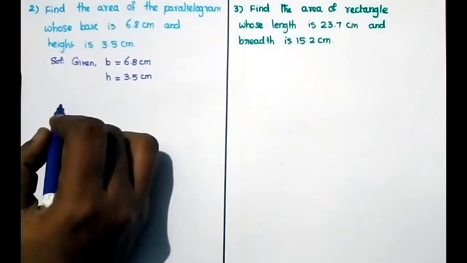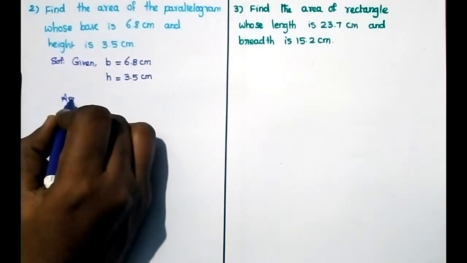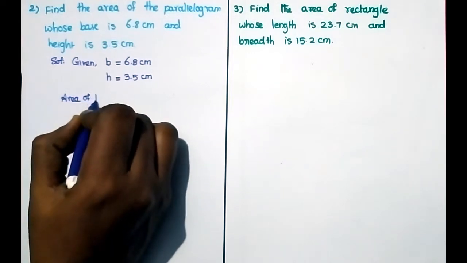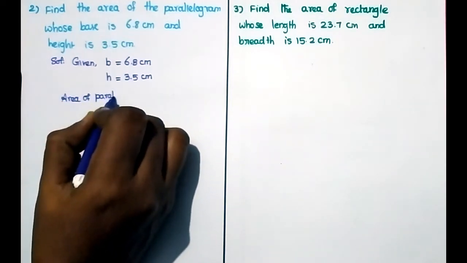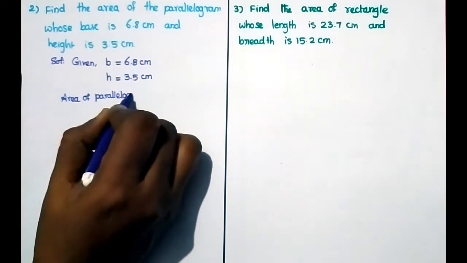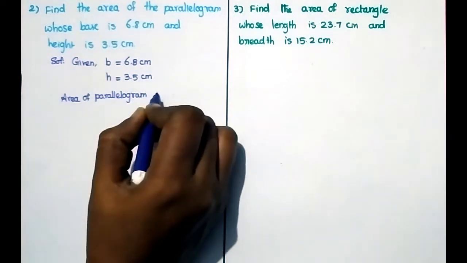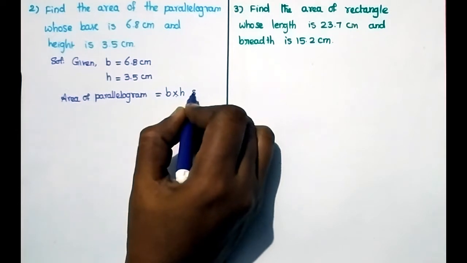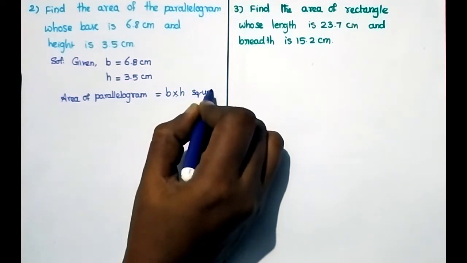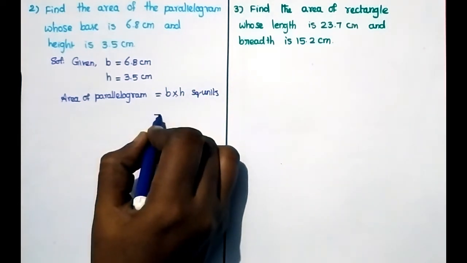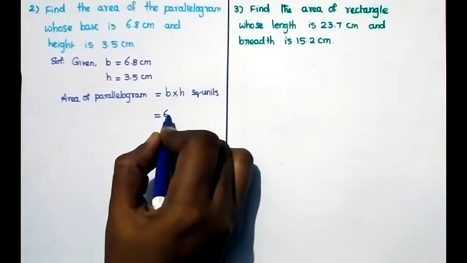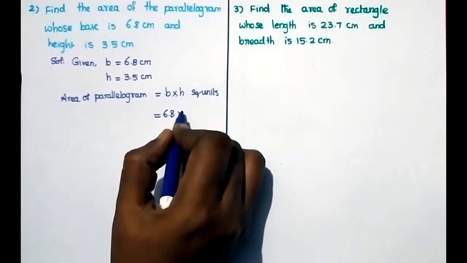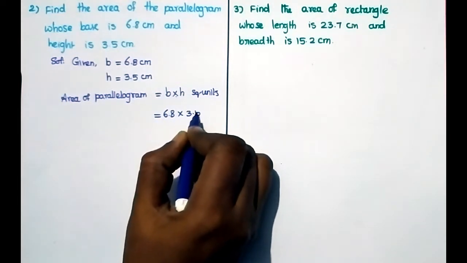We have to find out the area of the parallelogram. What is the formula for area of parallelogram? That is B into H square units. B is 6.8 into H 3.5.